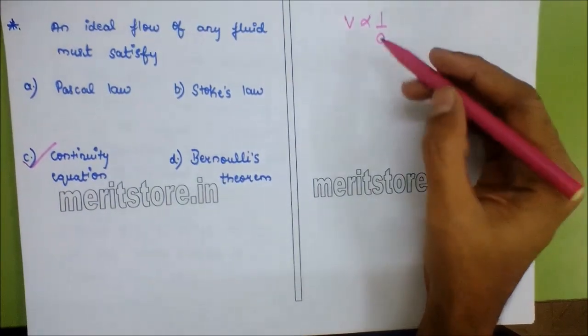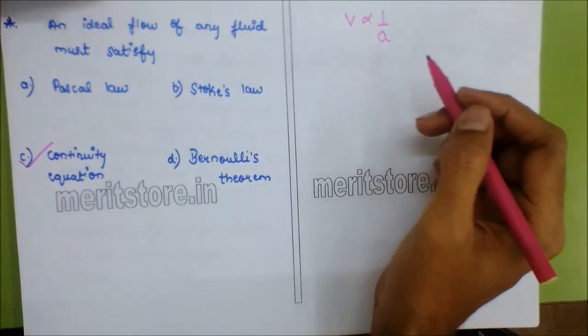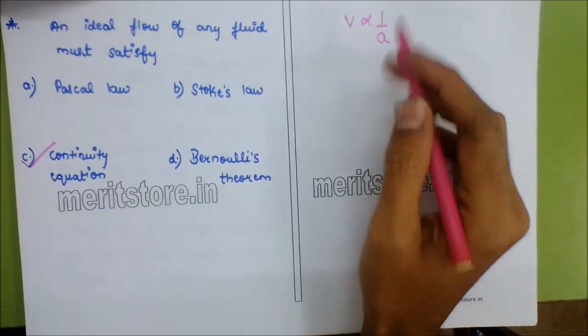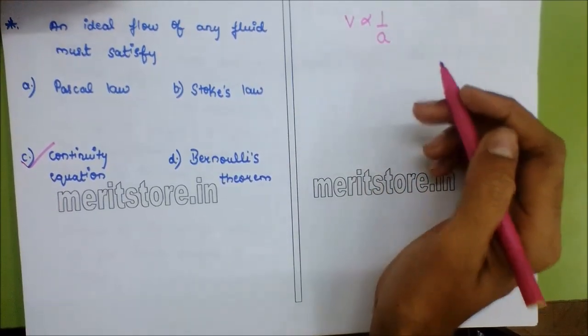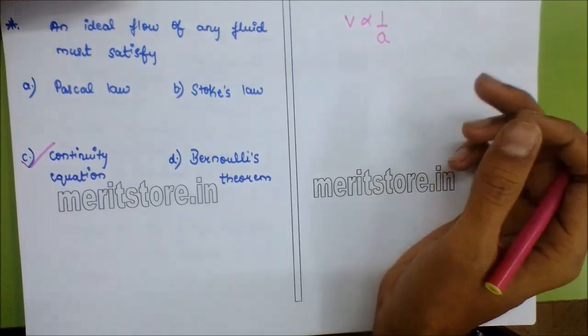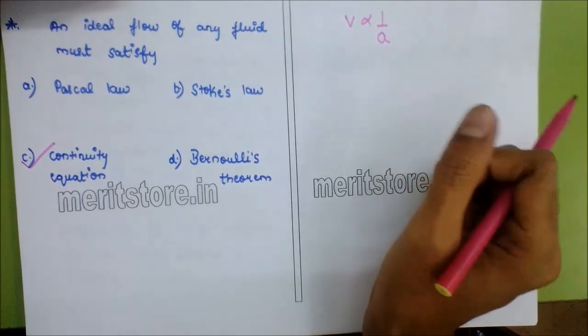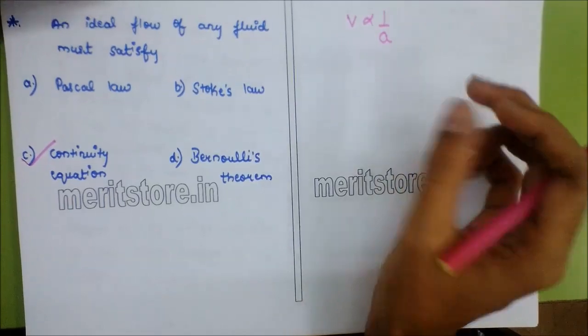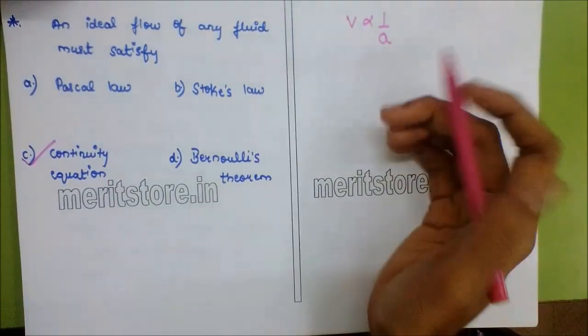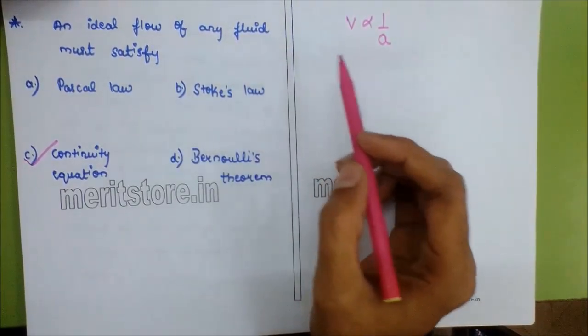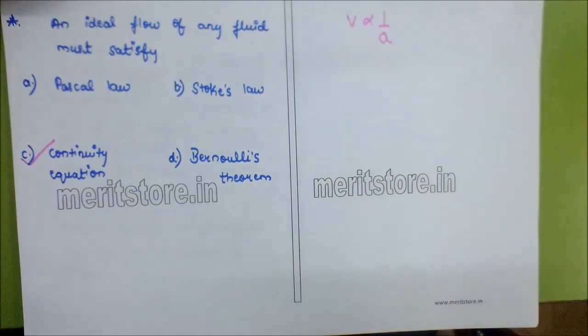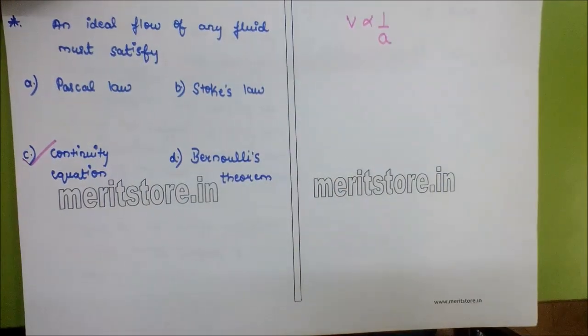That is, the liquid velocity at any cross section is inversely proportional to the area of cross section of the pipe at that section. This explains why the speed of water emerging from a PVC pipe increases when we press its outlet with our fingers. Thus we decrease its area of cross section, and that's why the flow speed of the liquid increases. That satisfies the ideal flow of any liquid. So the correct option is the continuity equation.